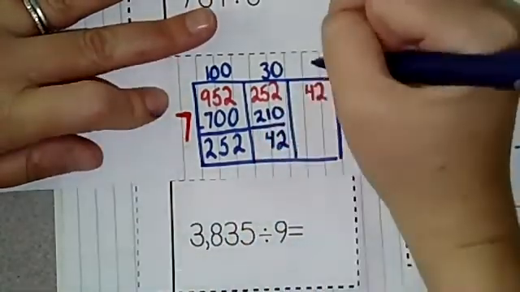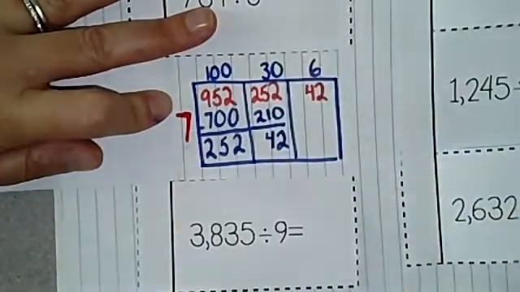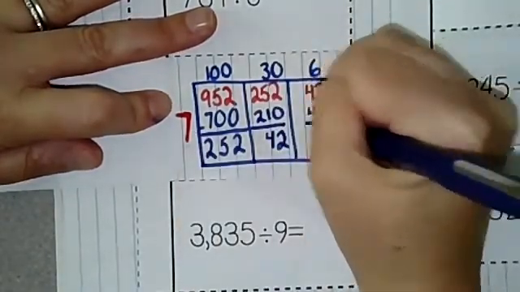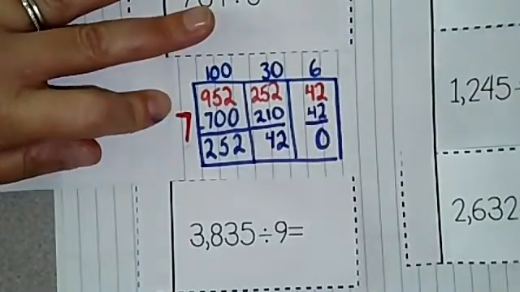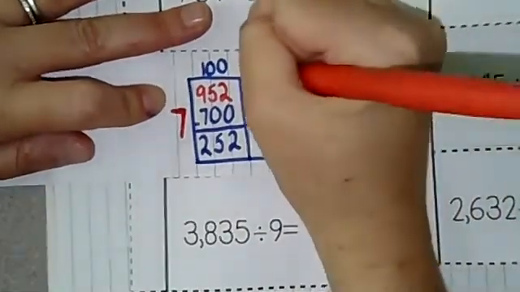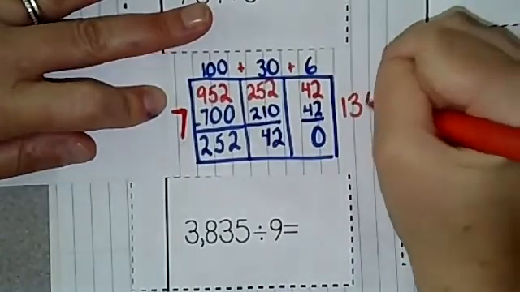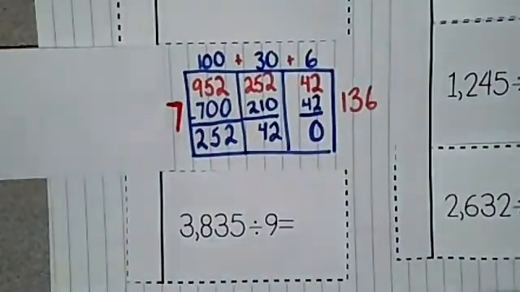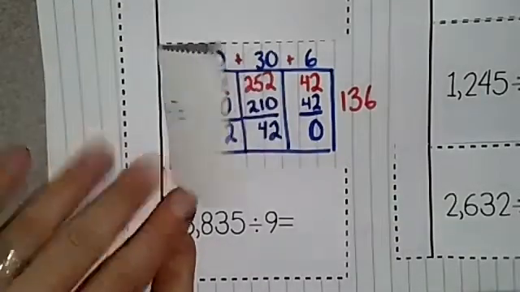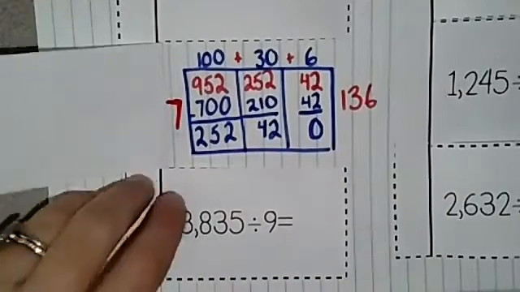Put your 6 up top. 6 times 7 is 42, and you have no remainder on this problem. Remember, to get your quotient, you do 100 plus 30 plus 6 is 136. Nice. That's your answer to 952 divided by 7. Your answer is 136.